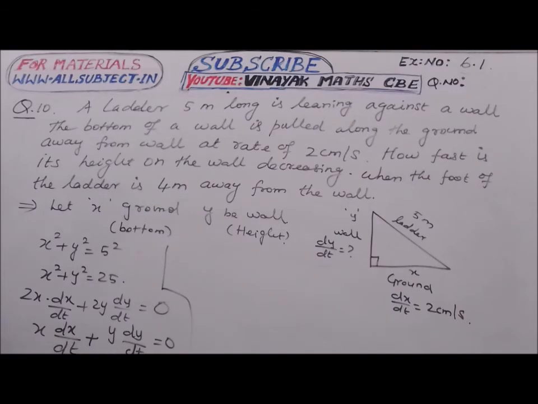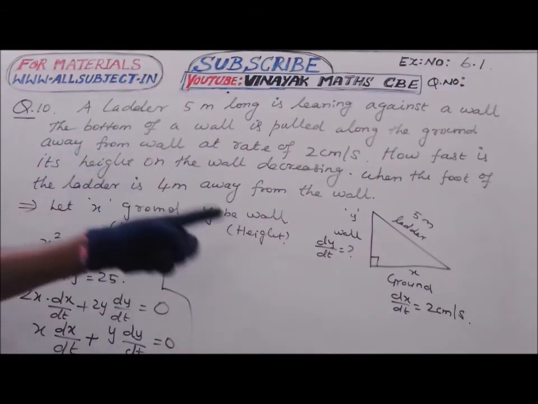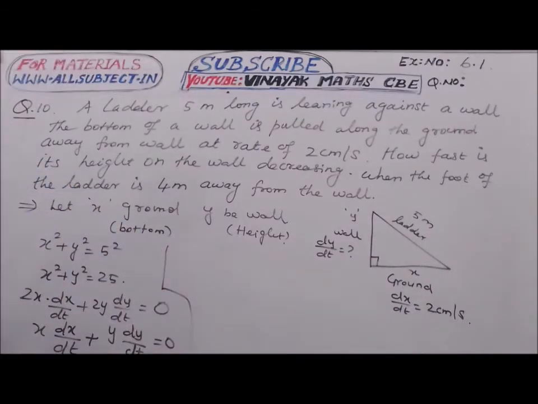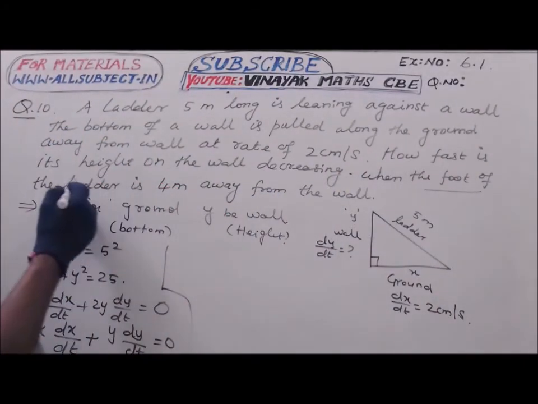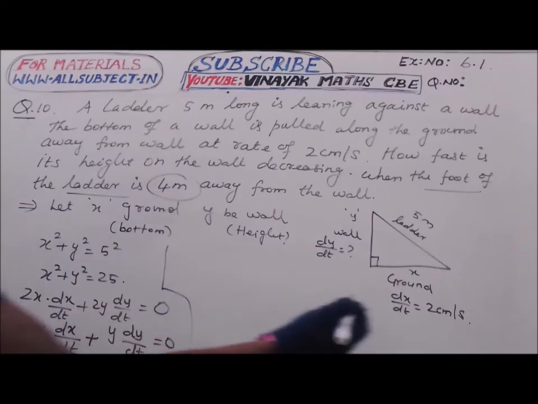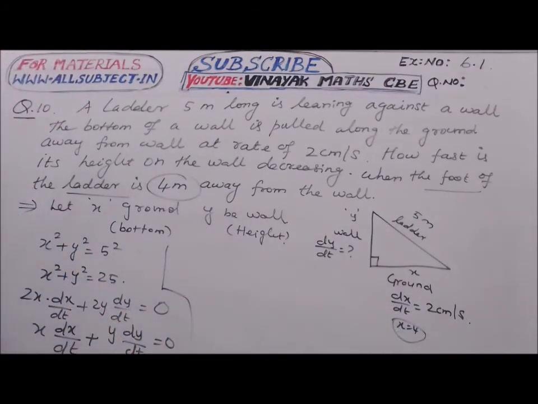Given dx by dt is 2 centimeter per second, we can substitute it here. The value of x, when the foot of the ladder is 4 meter away, is x equal to 4. So x and dx by dt are given, and we need the value of y.